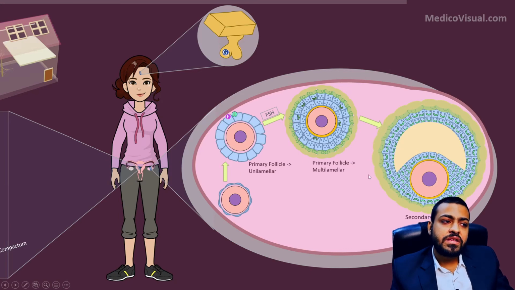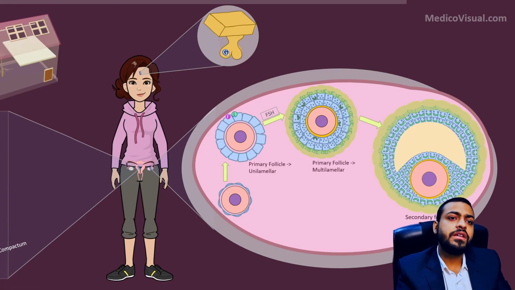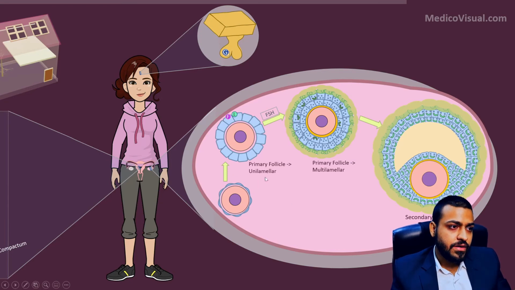So there is some discrepancy, and I thought I should mention it here. But the classification I have mentioned in this slide is the most accepted one. Most of the books follow this classification. For example, Keith Moore, Langman, Larsen, and major books of embryology follow this type of classification.